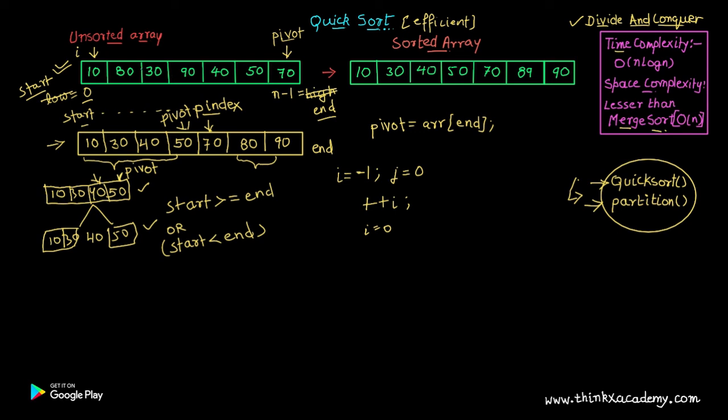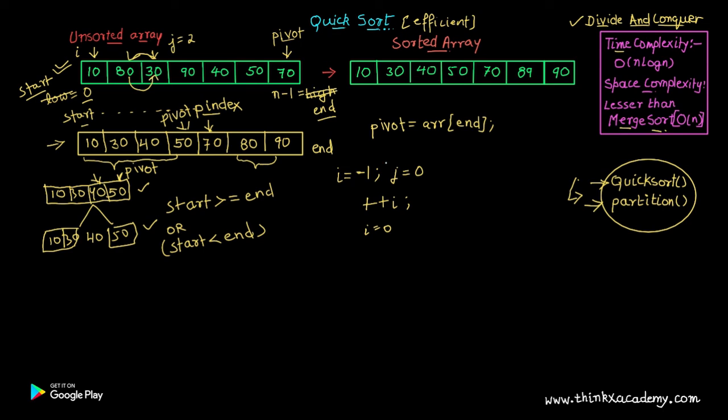If this element is not less than the pivot element, we are just going to increment the value of j. Let's suppose j is now equal to 2, so j is pointing to this position. We know that 30 is less than 70, so we are going to increment this partitioning index, but before that we are first going to swap these two values.